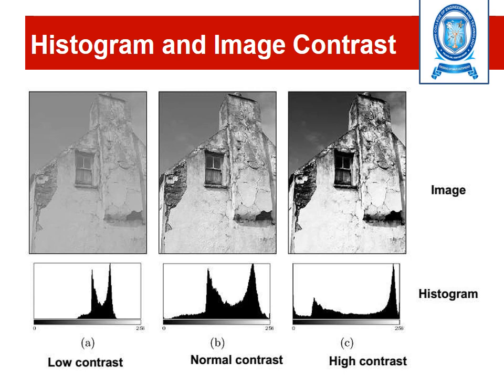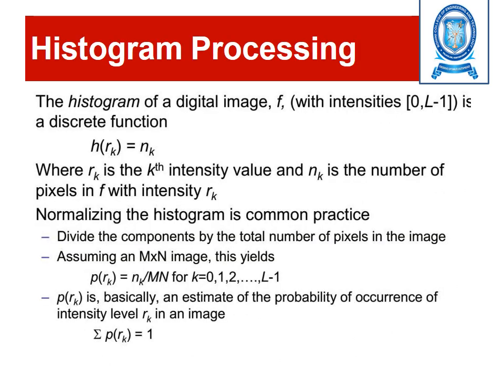But in the case of histogram equalization, the output we obtain will be an evenly distributed image. The gray levels will be evenly distributed and the output image will be clear cut.